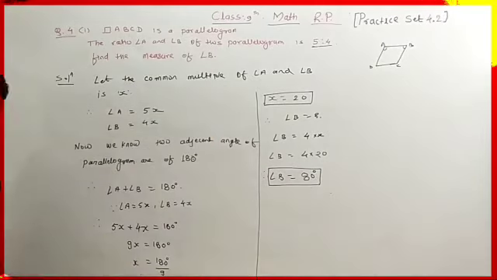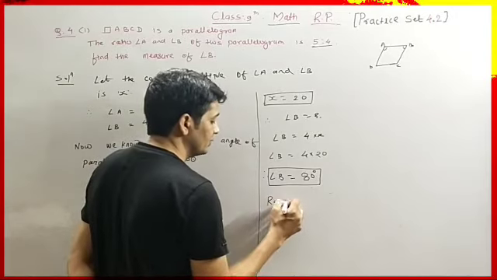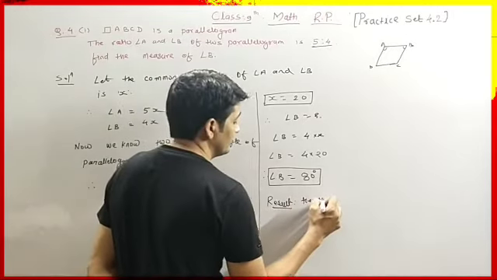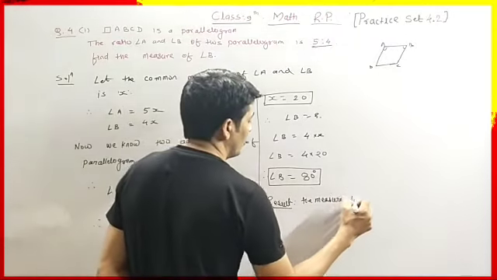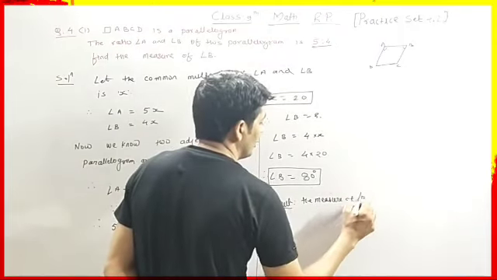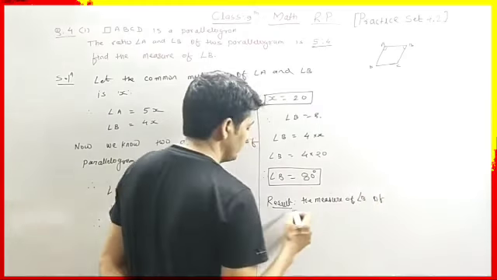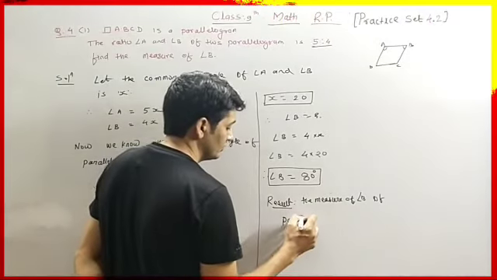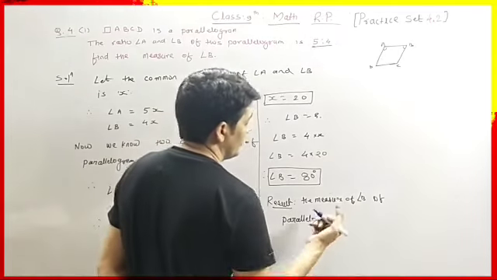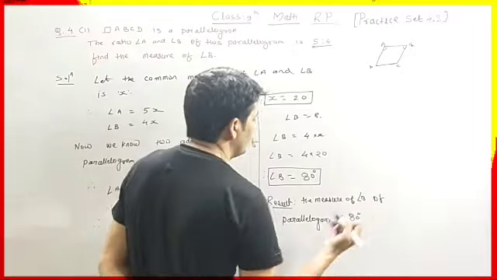Okay, so this is our answer. We have to write the result also. The result: the measure of angle B of the parallelogram is 80 degrees.